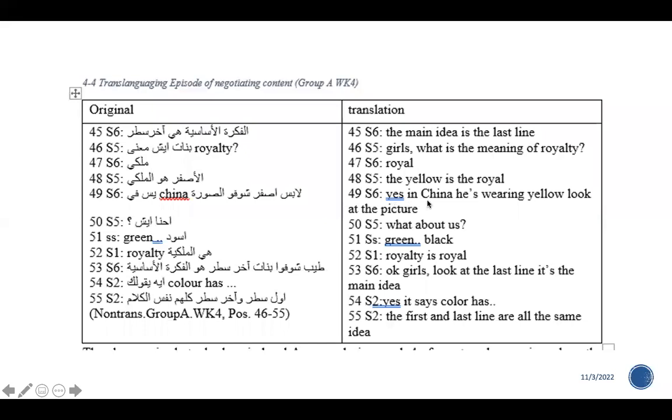Yes, in China, he's wearing yellow. Look at the picture. What about us? Green, black. Okay. So in line 50, S5 again directs them to their shared culture. So they're reflecting on their culture. What about our culture?